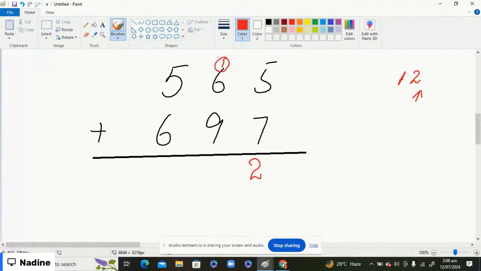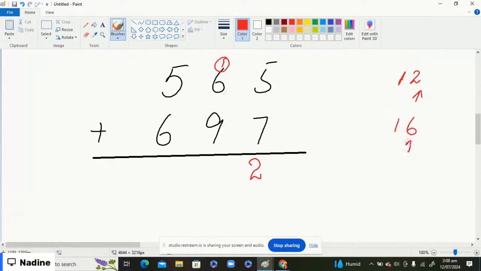Okay, so here 7 plus 5 gives 2 in the ones place. Always the right side digit we put down and the left side digit moves up. Understand? Now what is the answer of 1 plus 6 plus 9? 1 plus 6 is 7 and 7 plus 9 is 16.